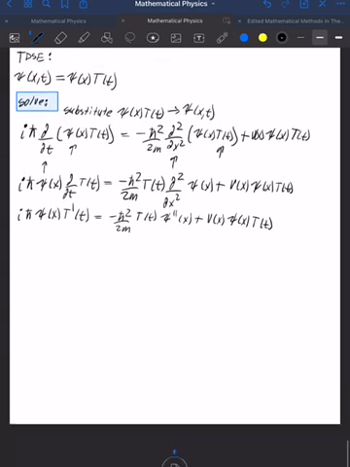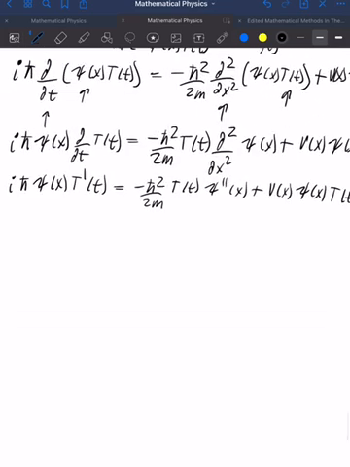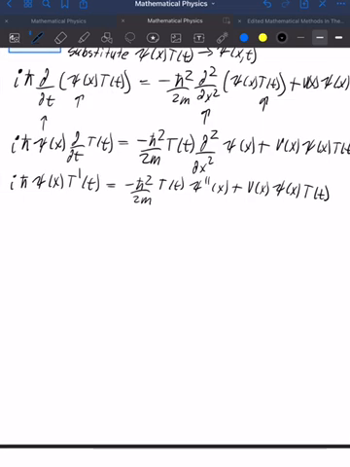So now that we have it in this form, what you want to do is divide by psi of x T of t.